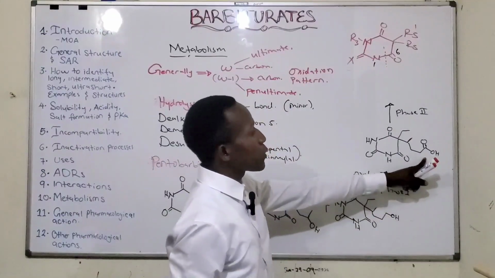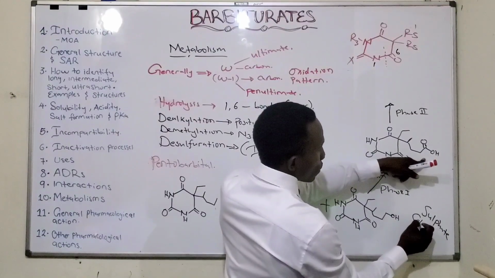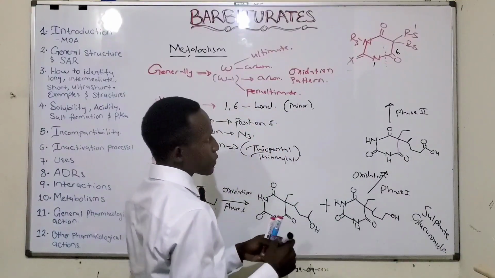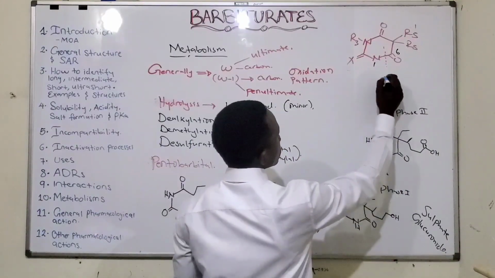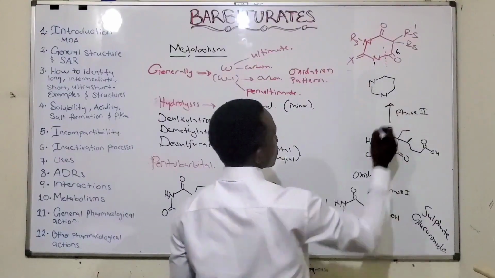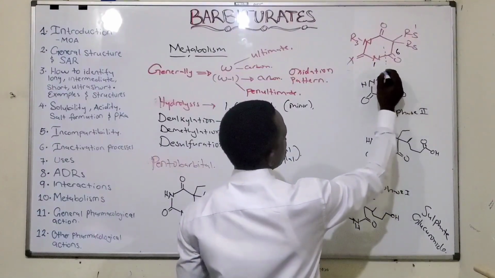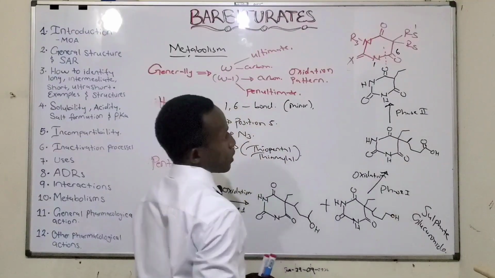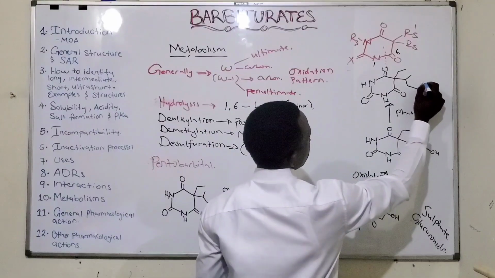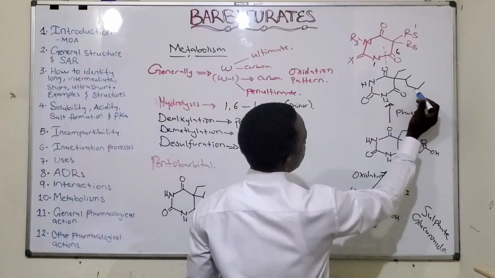You can conjugate this one with either sulfate or glucuronide, meaning that we shall have a structure like this. Here, we have 1, 2, 3, 4, 5.